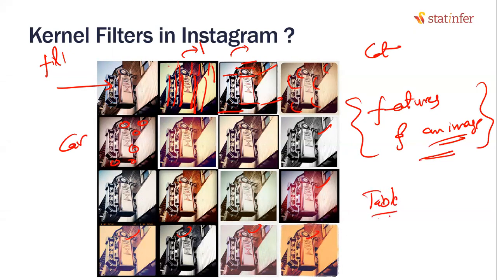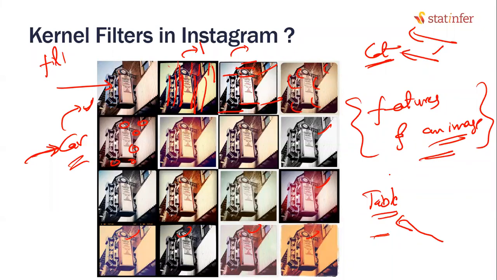If you have three objects and have to do object classification between cat, car, and table, the table has different features compared to a cat, which has very different features compared to a car. If I tell you all the features of a car, you will easily be able to tell that it is a car. Based on these features, I can say this is a car. Based on these features, I can say this is a cat. So detecting these features is the important thing. How do you detect those features? By applying as many filters as possible.